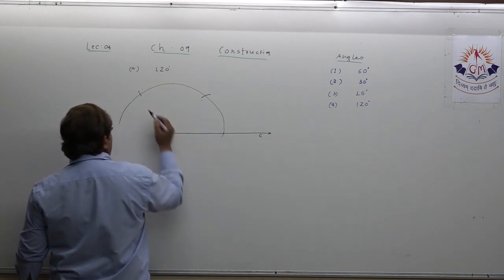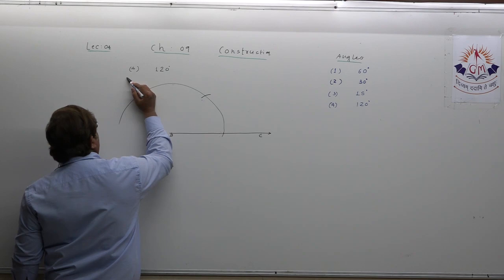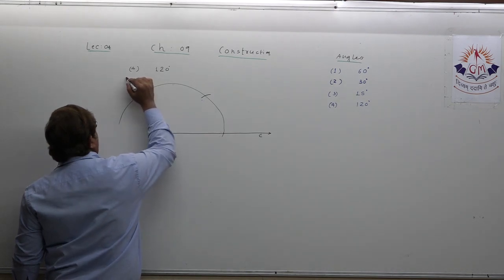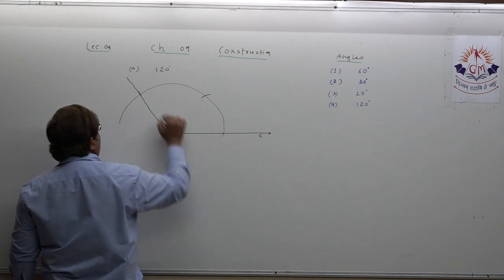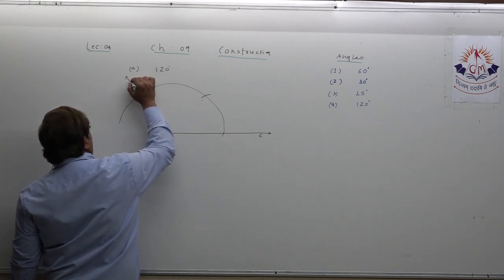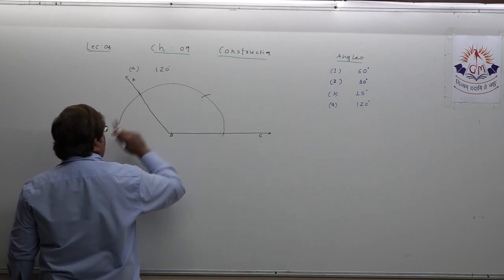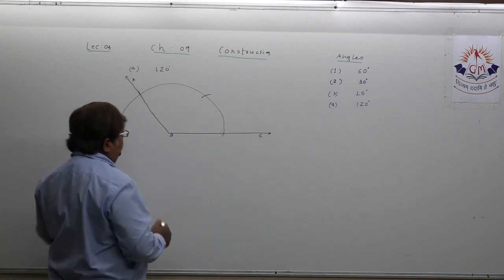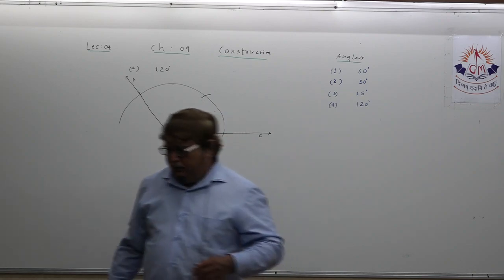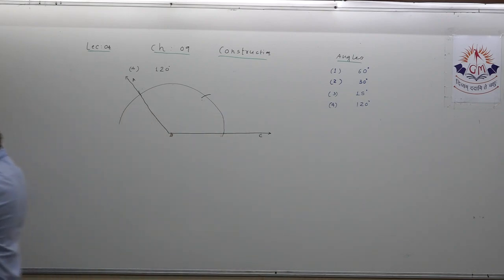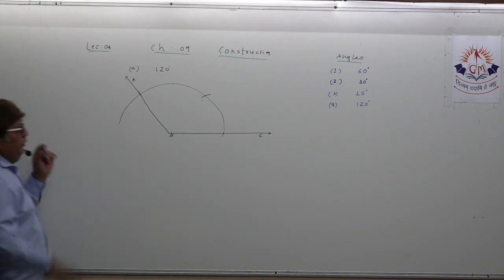And now you draw a ray passing through this. And let us call it ABC. This is complete angle of 120 degree. You just try to understand how we have realized this angle of 120 degrees.